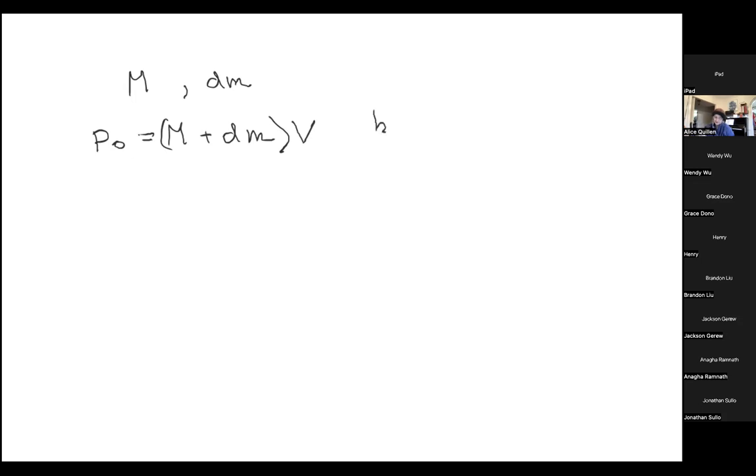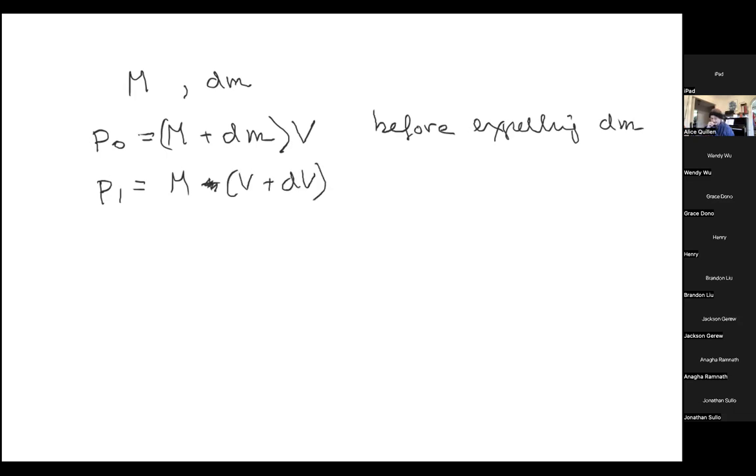This is before expelling dm. Then later we've got (m plus dm) v plus dv, because the rocket is going to change velocity a little bit, plus dm, which has a relative velocity v rel after we've expelled it.